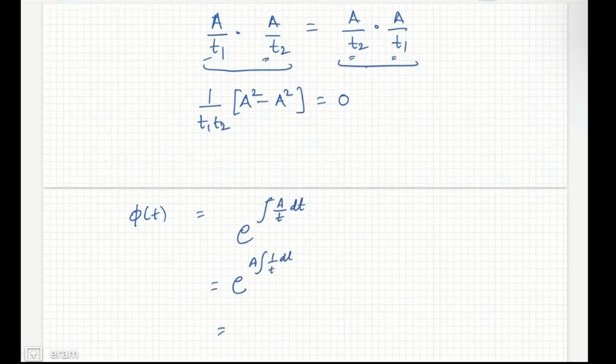What it will give us? Integration of 1 by t is log of t, and this we can write as e to the power, this a we can take inside as power, okay.